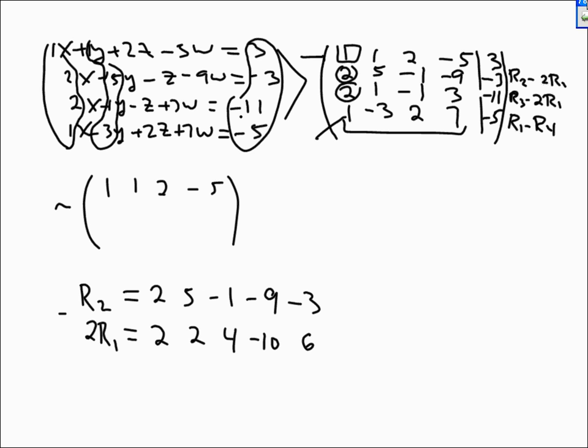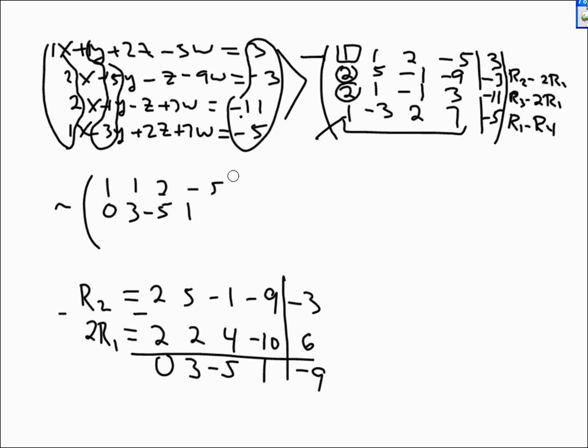Some people put a line there. It's not wrong. 2 minus 2, 5 minus 2, negative 1 minus 4, negative 9 minus negative 10, negative 3 minus 6. I get 0, 3, negative 5, 1, negative 9. Let me move the 1 over just a little bit.